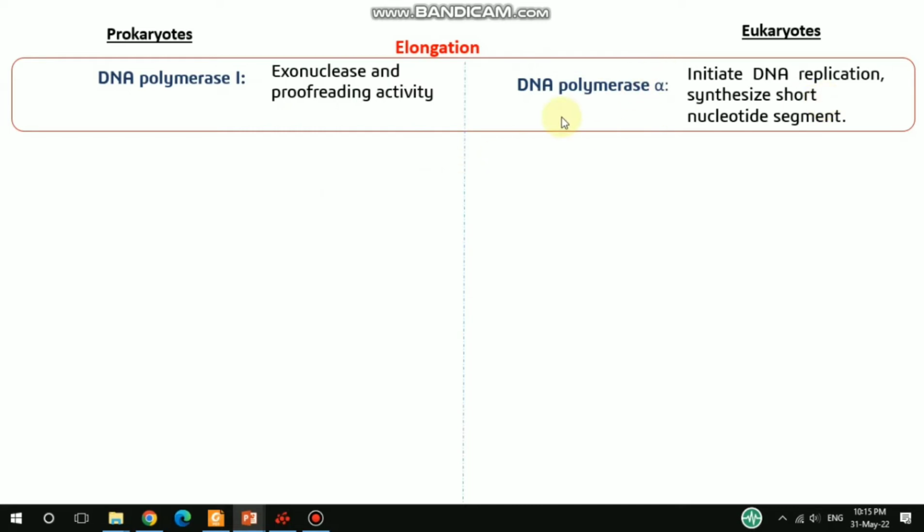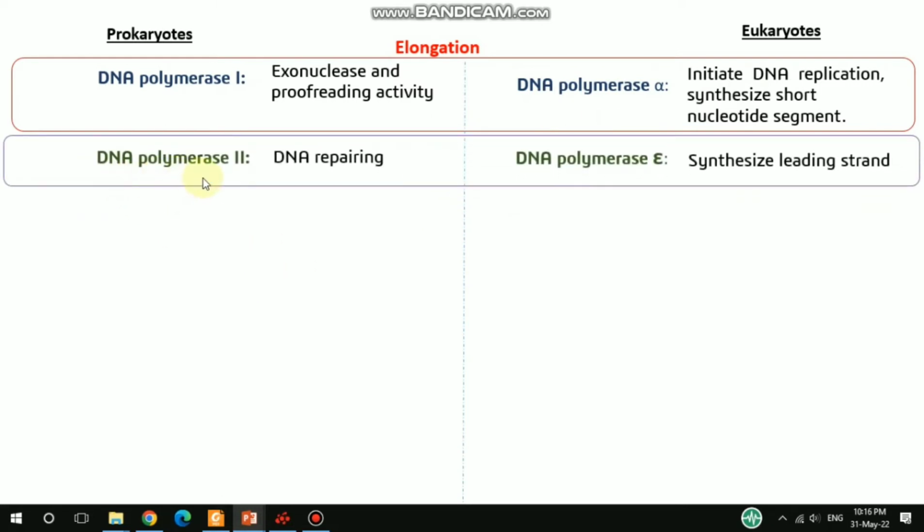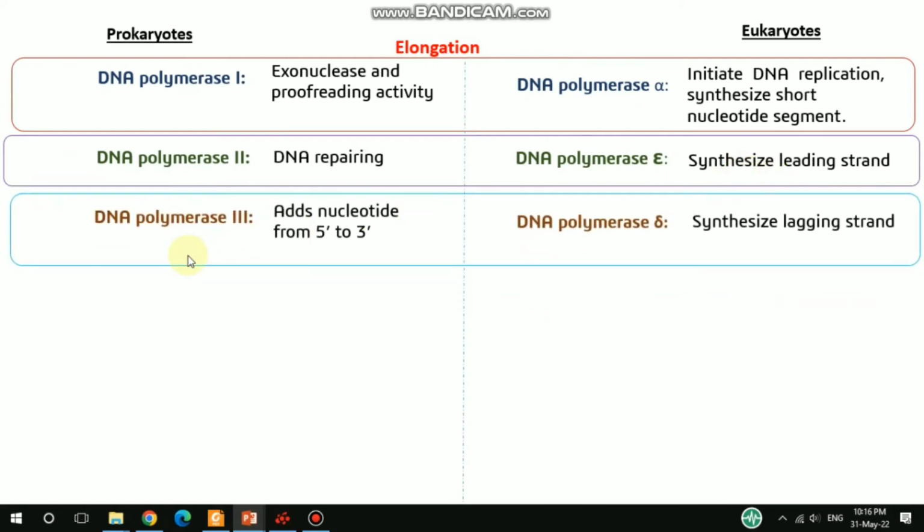Whereas DNA polymerase alpha can initiate DNA replication, but it can only synthesize some short segments of nucleotides. DNA polymerase 2 has a DNA repairing function, whereas DNA polymerase epsilon can synthesize the leading strand. DNA polymerase 3 can add nucleotides in the 5' to 3' direction, whereas DNA polymerase delta synthesizes the lagging strand.